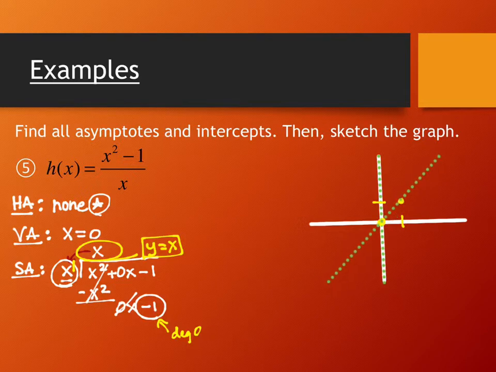You'd get the line that looks something like that. That's the line y equals x. So we have our line y equals x, and we have our line x equals 0. That's what the asymptotes give us so far. So this will look different than when we have horizontal asymptotes. All right, we still have to find our x and our y intercepts. So that's our next piece.